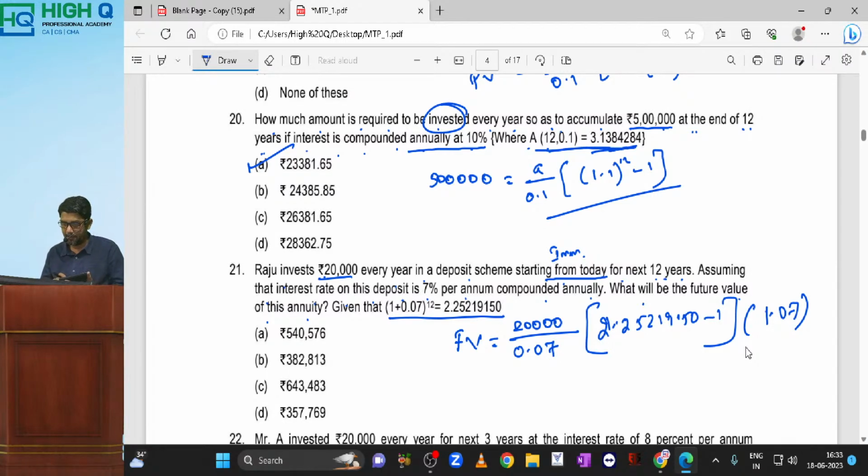Are you getting B? 2.25219150 minus 1 into 20,000 divided by 0.07 into 1.07. 382812, that is 382813. That's it. Option B.